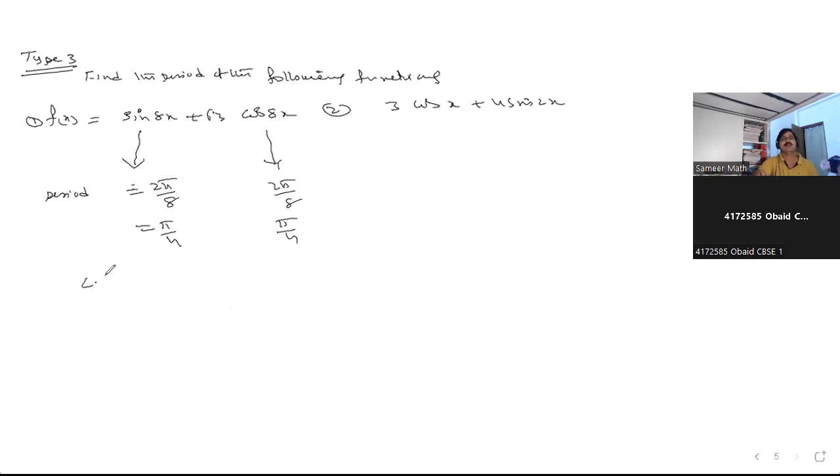What do you have to do here? LCM of this pi by 4 and pi by 4. You know very well how to take LCM. 45 degrees, 45 degrees. I think writing like this is always good. You see that with 45, if you go for it, suppose you write here 45.